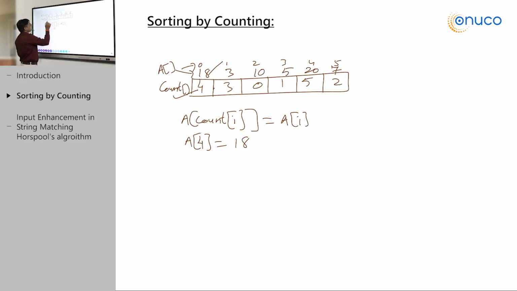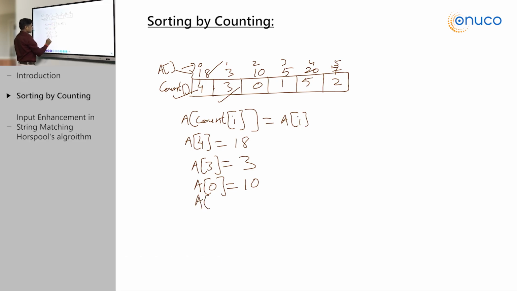Similarly, go to the next value. I becomes 1. Count of 1 is 3. A of 3 is equal to the value of A of 1, which is 3. Similarly, I increases to 2. A of 2 is 10, so A of 0 is equal to 10. You take these elements and put them at these count values: 4, 3, 0.